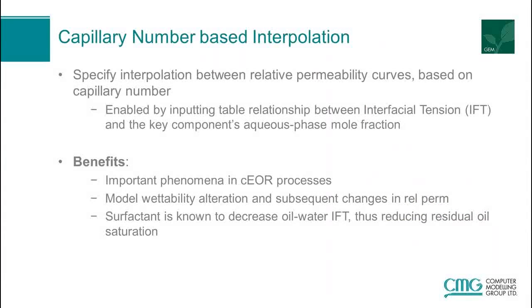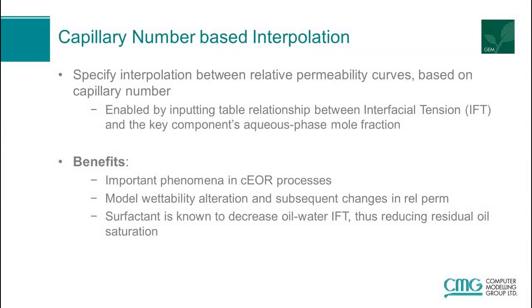And finally, the ability to have interpolation of your relative permeability curves based on the capillary number, specifically the interfacial tension. By enabling a table relationship between interfacial tension and a key component's aqueous phase mole fraction, you can actually control the curve that is used.